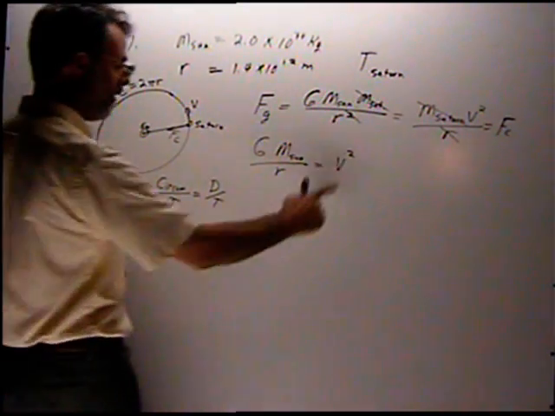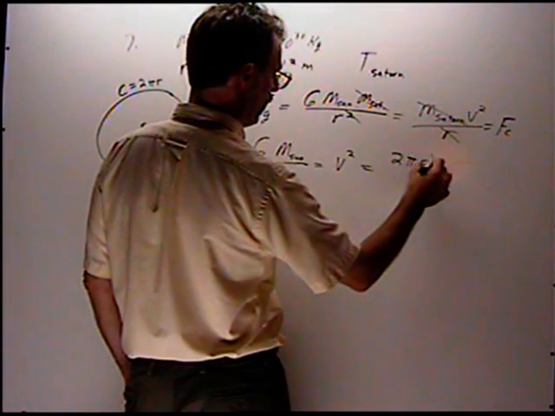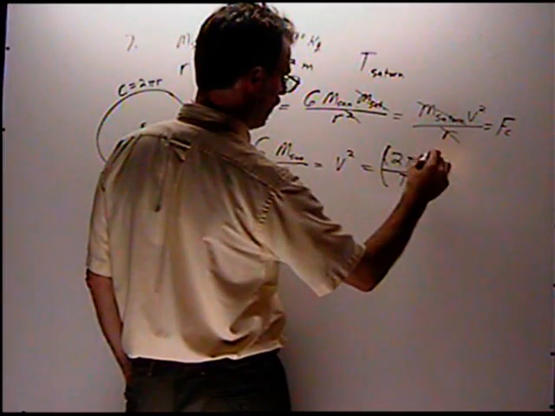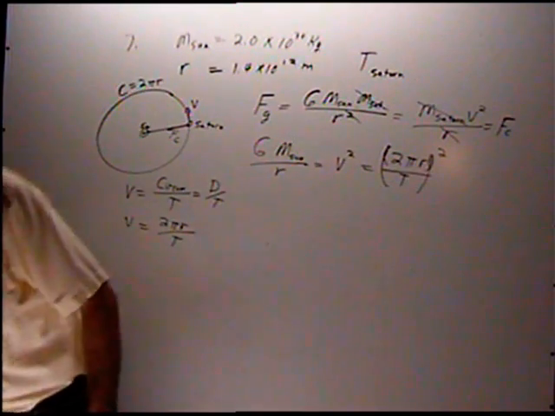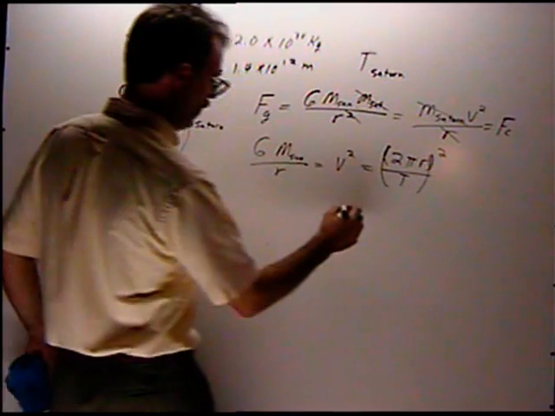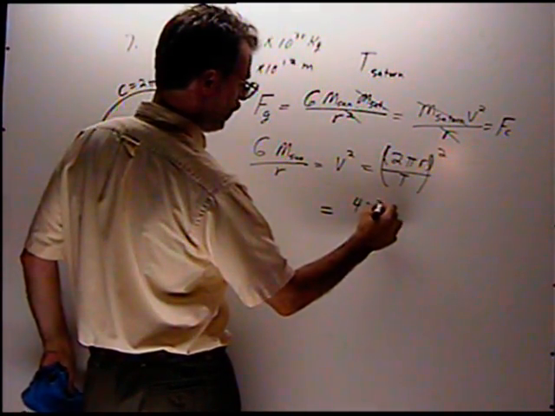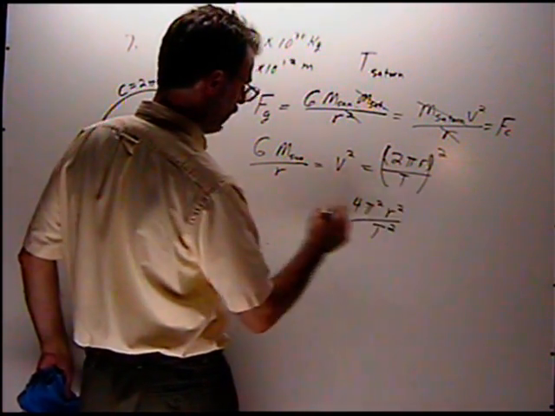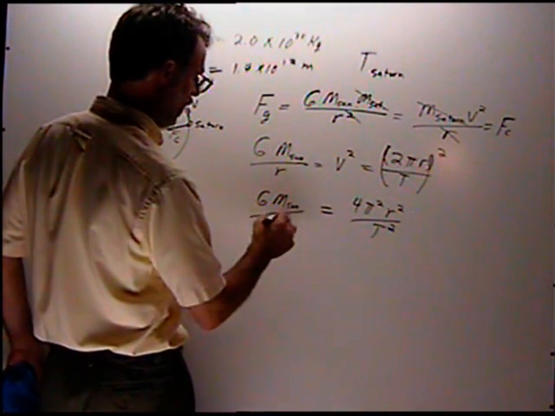We can substitute this directly into here, and we get 2 pi r over T, quantity squared. We square that whole quantity. So this will give us 4 pi squared r squared over T squared equals G times the mass of the Sun divided by r.